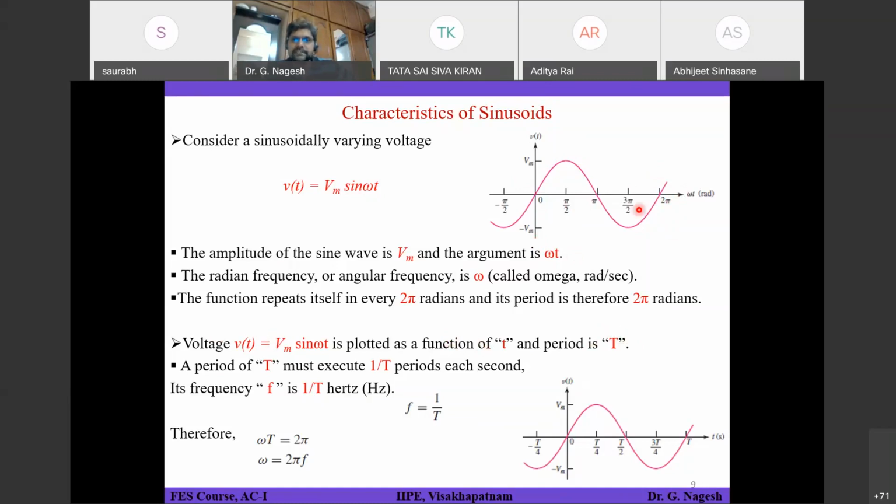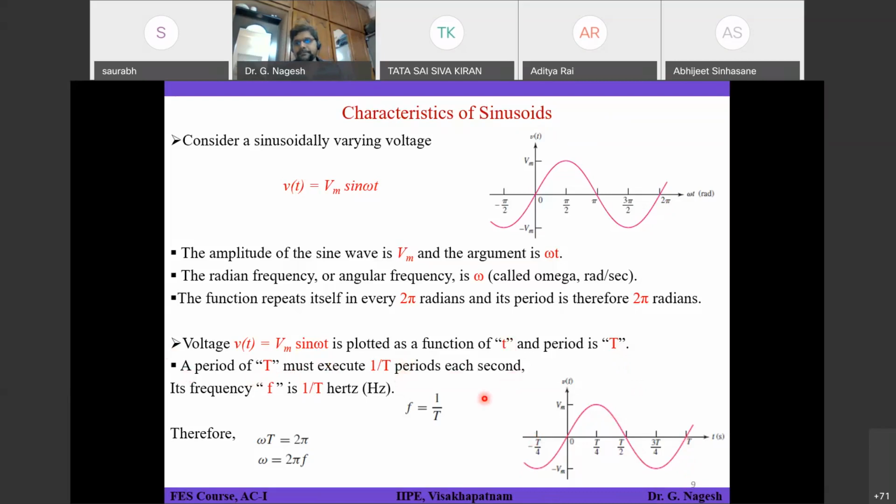This is drawn with respect to omega t. If you draw with respect to time t, this is the same waveform. Capital T indicates the total time period, and small t indicates different instants of time. So in a period of T, it must execute 1 by T periods per second.